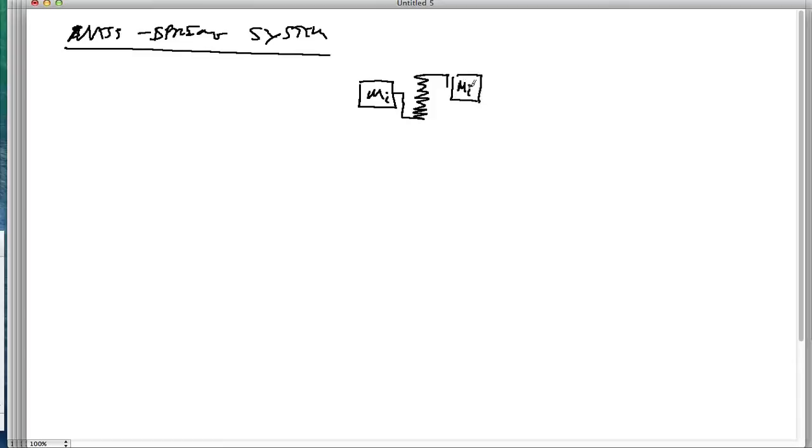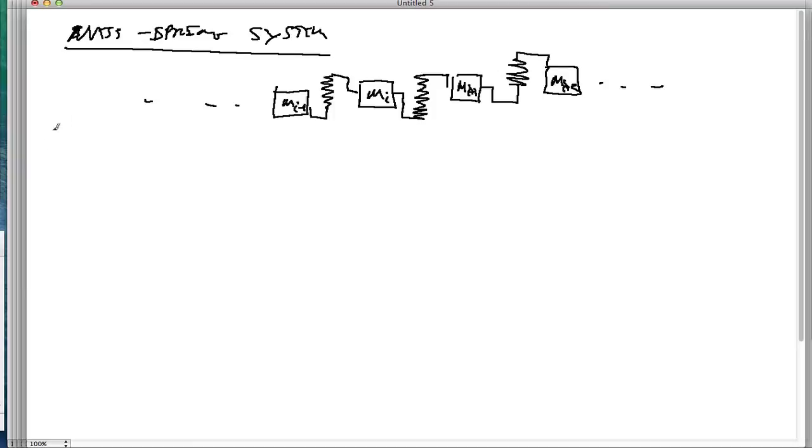Call that mass i plus 1, and likewise we'll have another spring on the other side and attach that to a mass i minus 1. And we can keep going like this, Mi plus 2, and so on that way, and again that way.